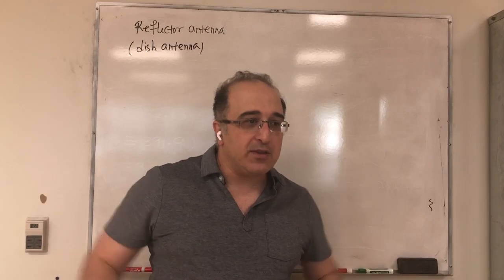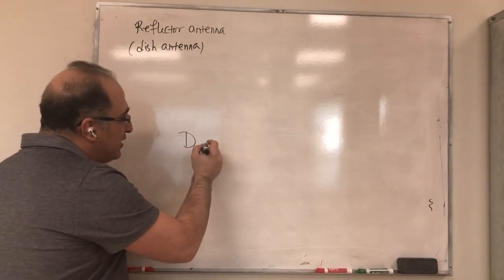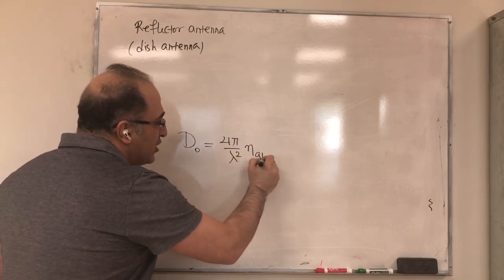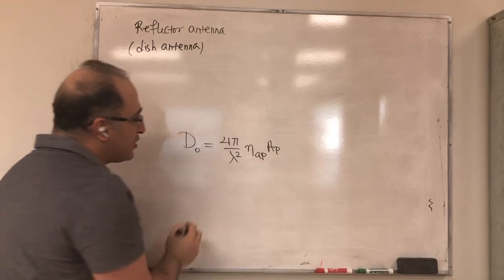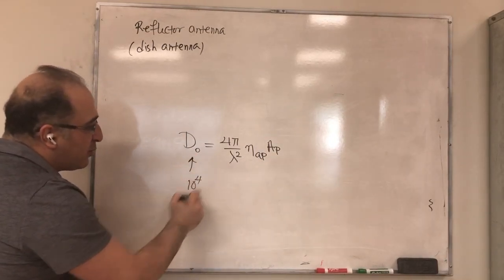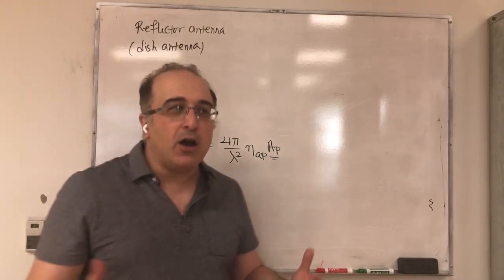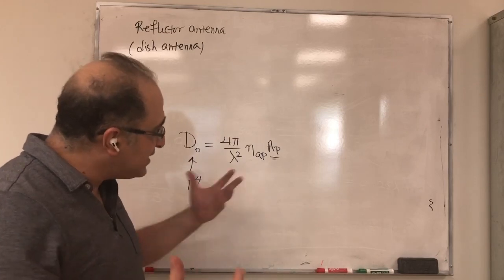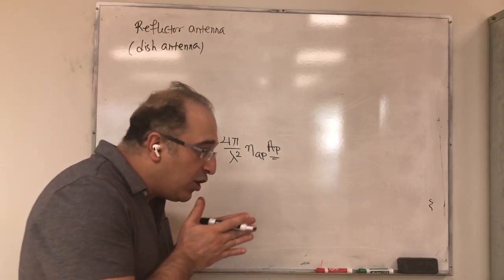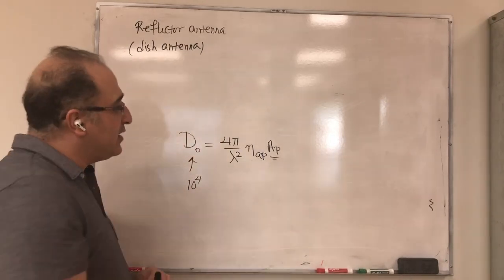If you want a D naught, you're still going to have an aperture efficiency and a physical aperture. So for example, to get to 40 dB directivity, 10 to the power of 4, you need a certain physical aperture for a horn antenna or reflector antenna. That still needs to be big, but how long you need to travel to get to this aperture, that's essentially the question.